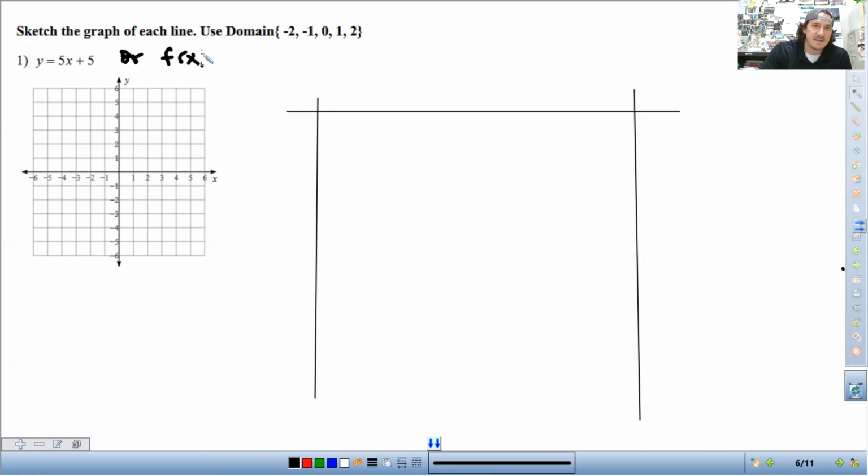F of x is equal to 5x plus 5. But we'll just use x and y for right now. So this column here is going to be our x values. This column here is going to be our y values. And then the middle column is where I'm going to put the work for the actual function of y is equal to 5x plus 5.